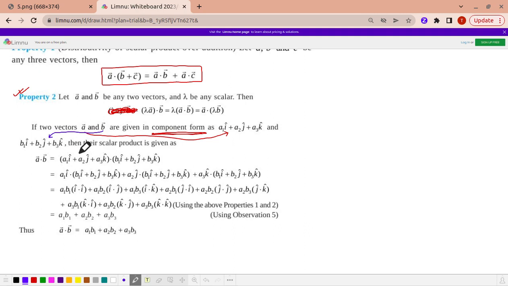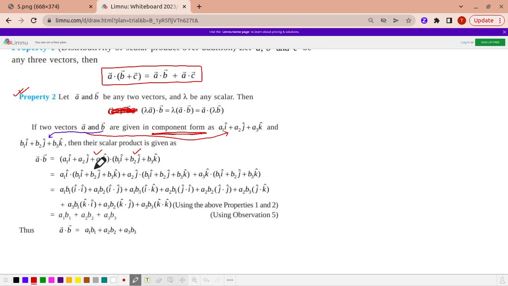Now how we are going to make A dot B? Obviously A dot B will be equal to A1 i cap plus A2 j cap plus A3 k cap dot B1 i cap plus B2 j cap plus B3 k cap. Now we are going to make use of both the properties, property 1 and property 2. So first we are going to use the distributive property of dot product over vector addition.